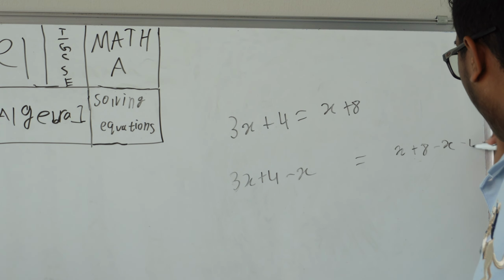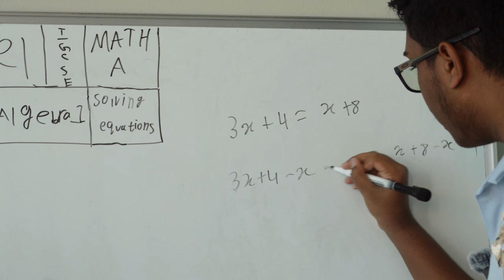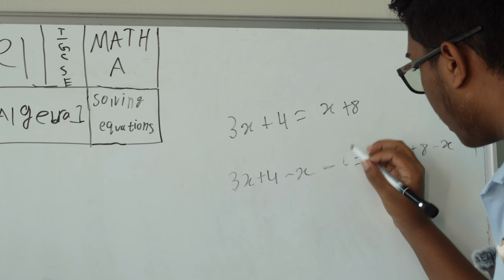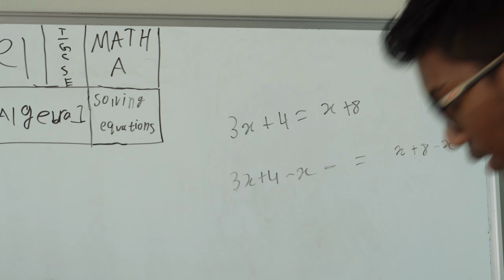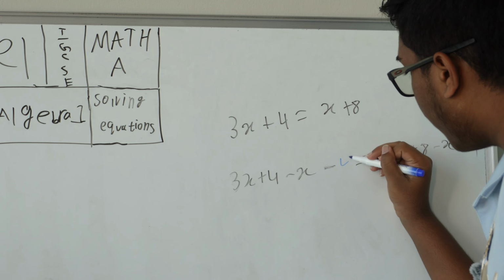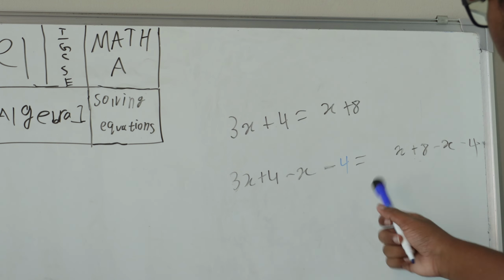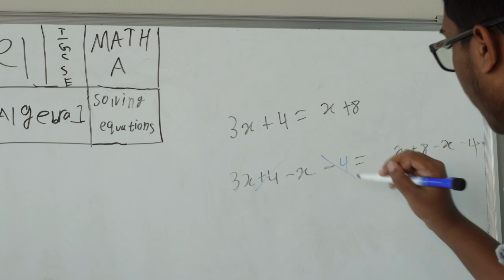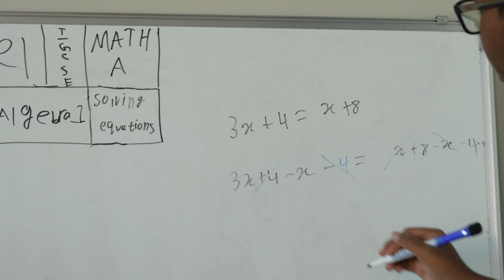So minus 4 on both sides. Minus 4, okay? So now we have this. So plus 4 and minus 4 cancel each other out. X and minus x cancel each other out.